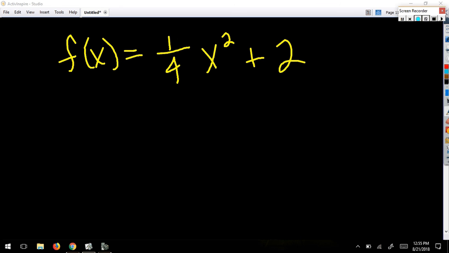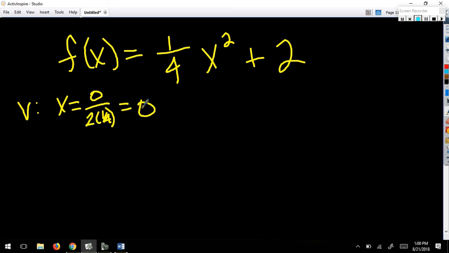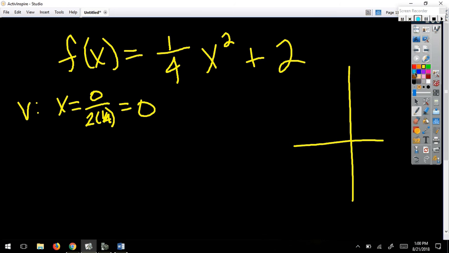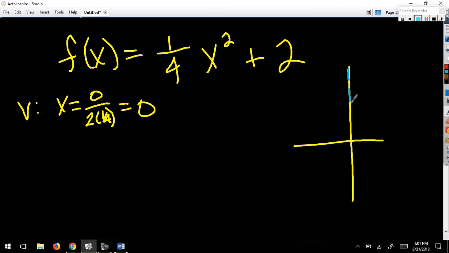Try to graph it. All right, find the vertex first. Okay, we gotta do the vertex. So x is opposite b. What is b? 0 over 2a, and it really doesn't matter as long as the bottom's not 0 and it's not, so it's 0, right? I need to find the other half because all that's giving me is my axis of symmetry, which is actually on the y-axis.